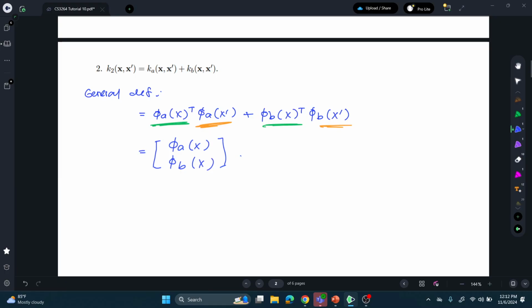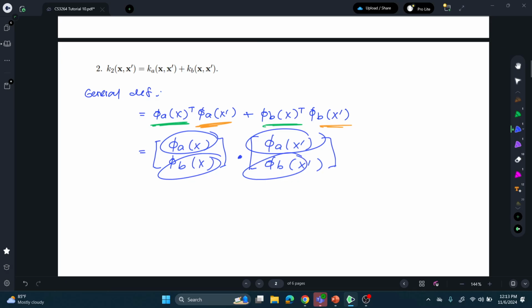Then I will do a dot product with this, the factor that is associated with x prime. Because the moment this happens, it will just be a dot product of this with this, and this with this, and you sum up the result. That is how you separate out into the two separate factors. This is the factor that corresponds to your x, and this is the factor that corresponds to your x prime.